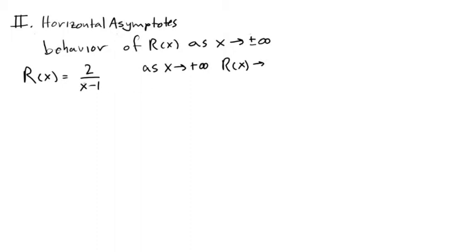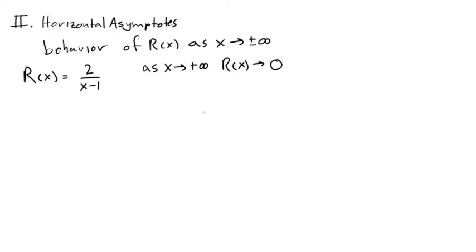Well, if x gets infinitely large, then the denominator is getting infinitely large. And when you take a constant and divide it by something that's very large, the fraction gets very small. So my function is getting infinitely small.